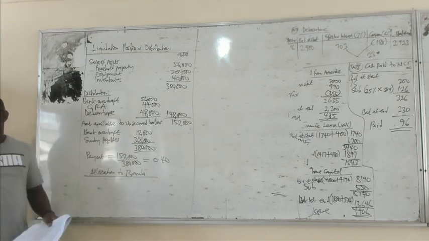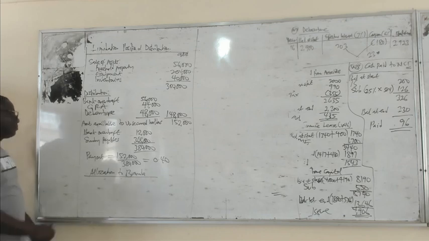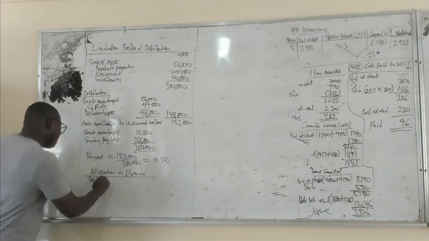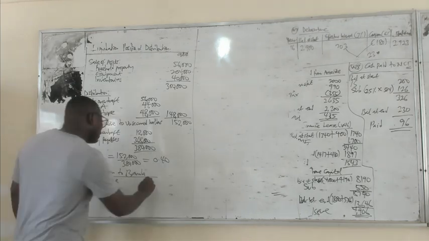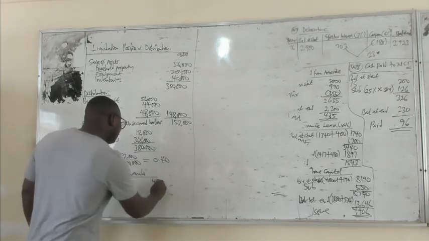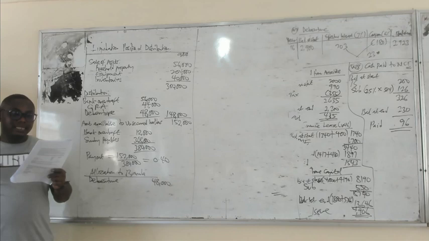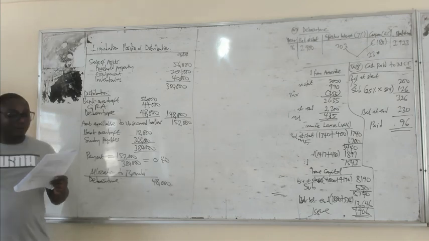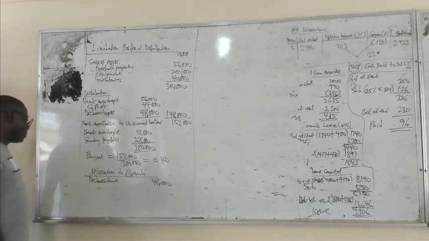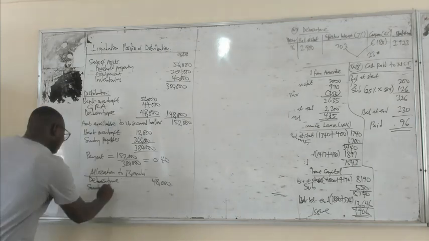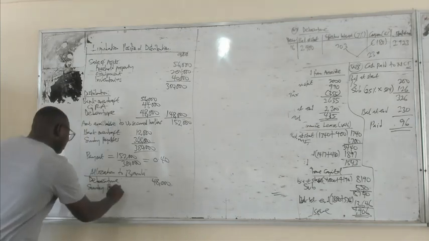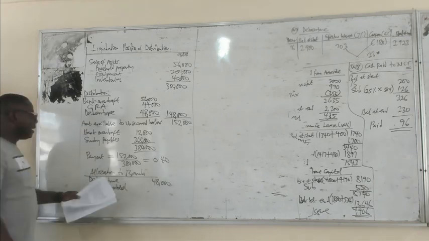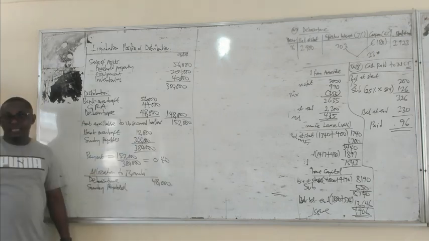So what it means is that if the company is to go on liquidation, Banda Limited will get 48,000 from the debenture. Are we getting it? And it's also a trade creditor of 240,000 included in the sundry payables above. With the sundry payables, they are part of the unsecured debt holders. And they are saying that if you have one cedi, we will give you 40 pesewas.